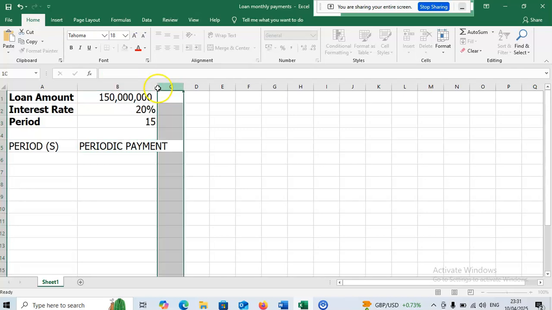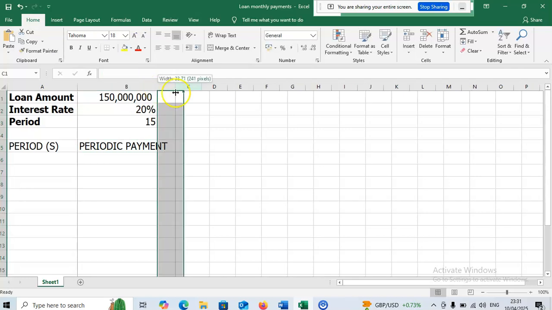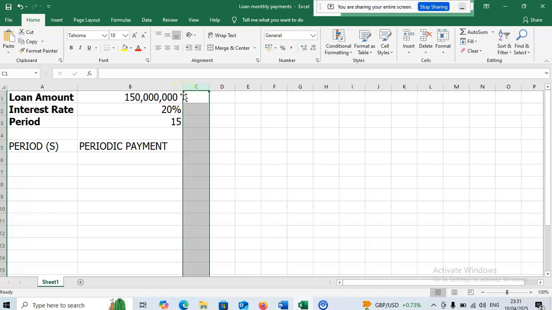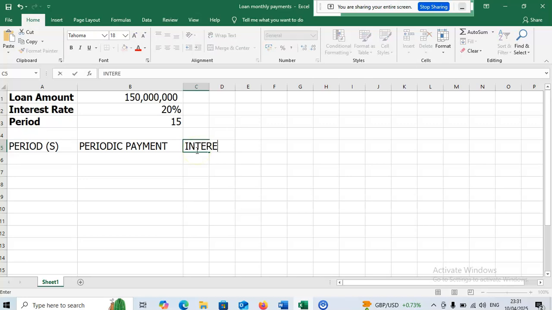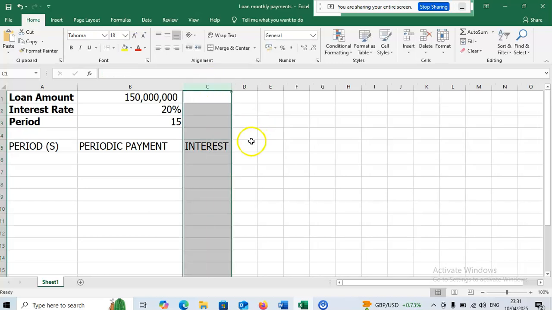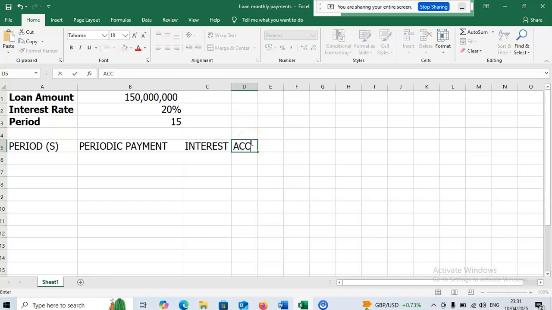We are going to use a formula based on what we have up here to determine our periodic payment. After periodic payment, you need a column for interest. You also need a column for accumulated interest.